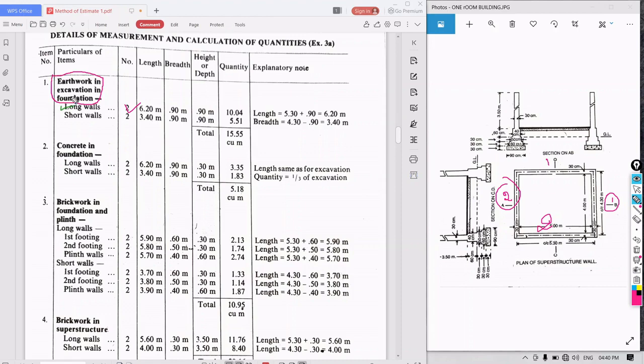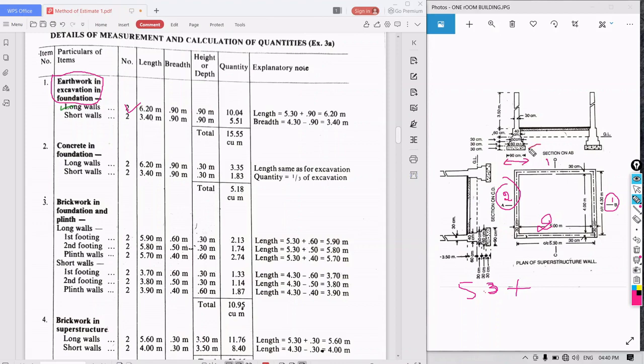So what is the length of the wall, or what is the length of the trench? What you have to do is take the center line length of the long wall, that is 5.3, plus whatever the width is here in the foundation level.